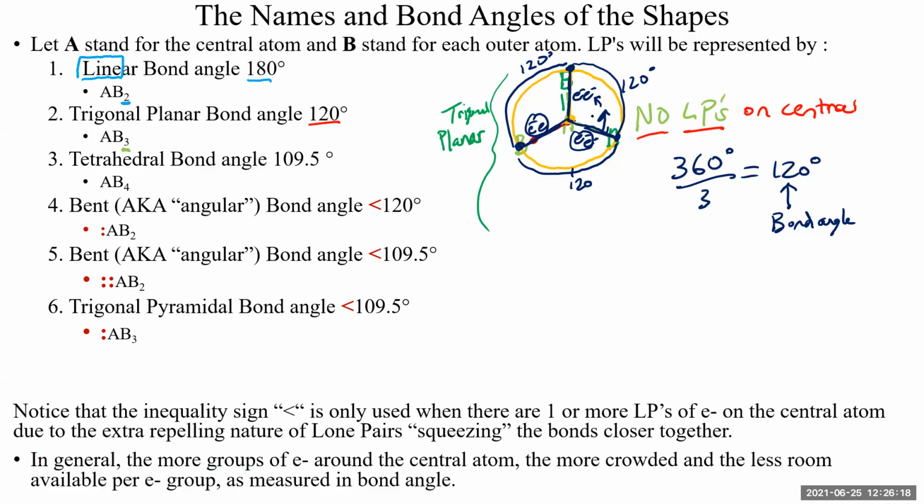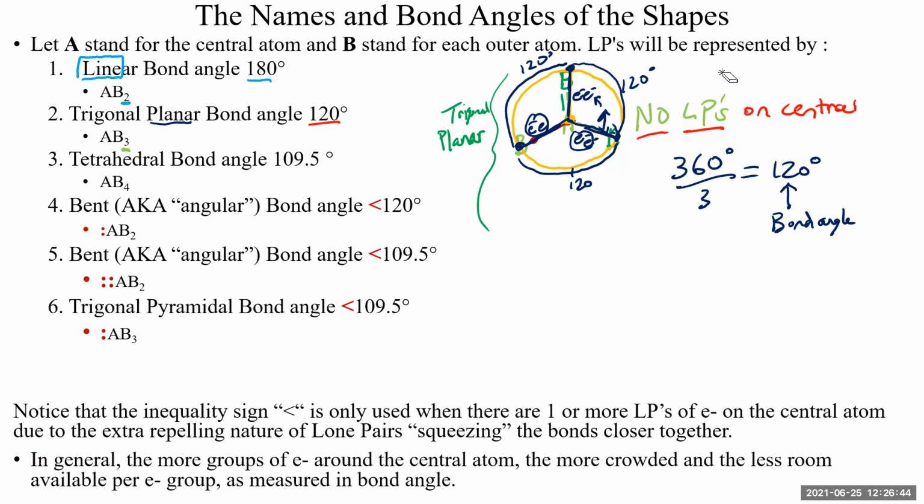Now you might wonder, what if they come out of the plane? What if it's not planar? What if one of them sticks out into the z direction? Let's say, for example, this is the y direction, and this is the x direction. What if they try to go out into the z direction? It doesn't matter. 120 will still be the maximum. You can try it for yourself using whatever geometric methods you want.